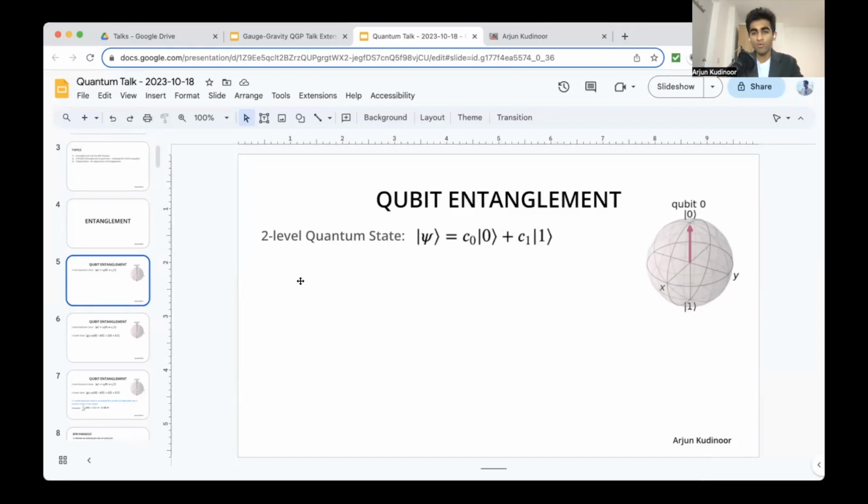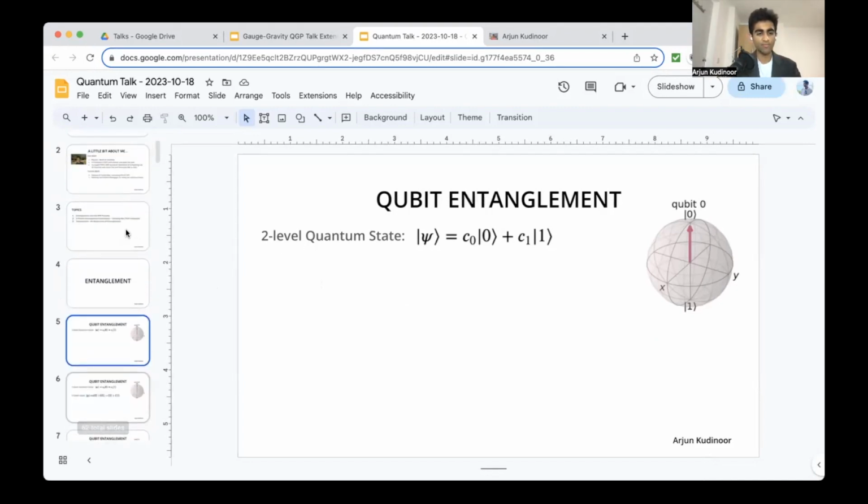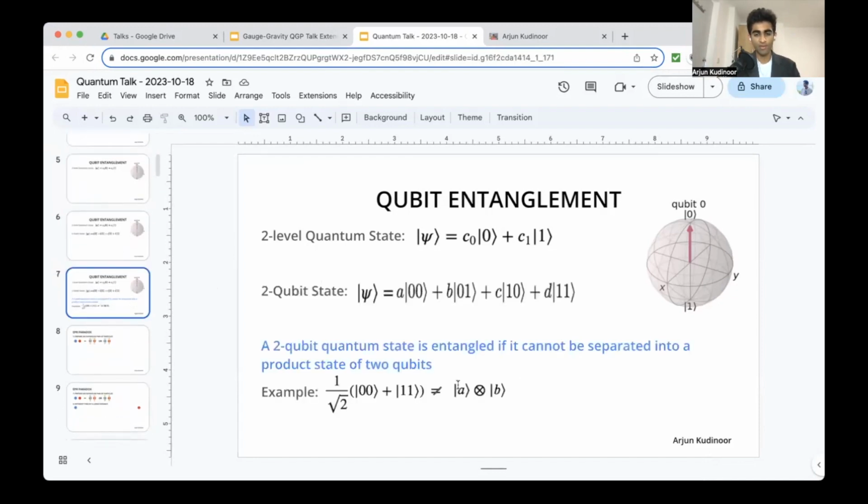Now, you can also think about operations on 2 qubits as rotations on some higher dimensional sphere. The reason I say higher dimensional is precisely because of entanglement. Let's say you wanted to represent 2 qubits just on 2 independent spheres. Well, if you were to do that, you have an issue. You can never write down an entangled state using this 2-sphere representation.